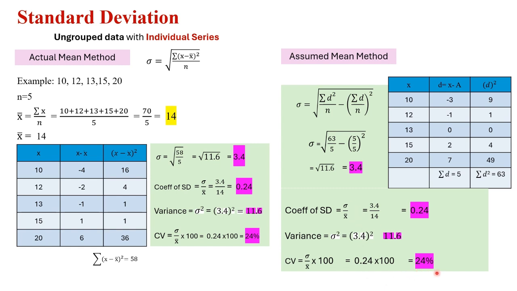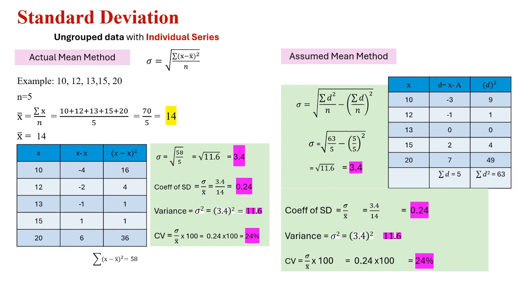By both methods, actual mean method and assumed mean method, the answer is the same. We can use any method, but usually the assumed mean method is used if the x bar value is in decimal, for ease of calculation, as we can assume any of the values of x as assumed mean a.